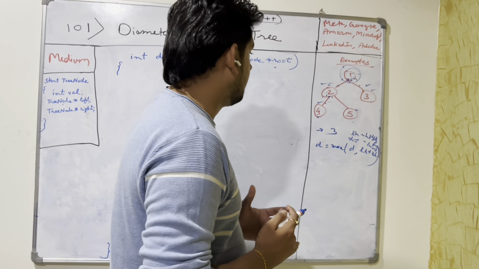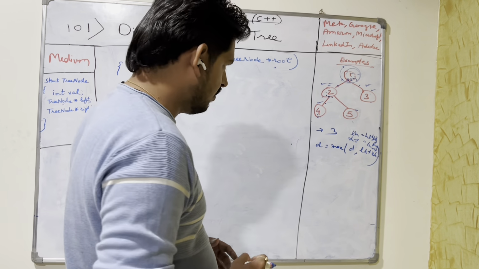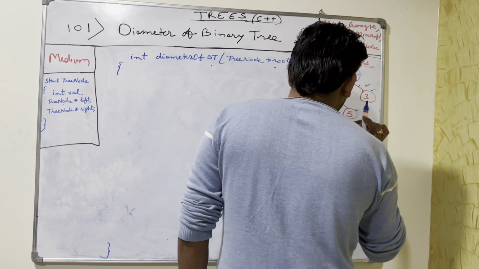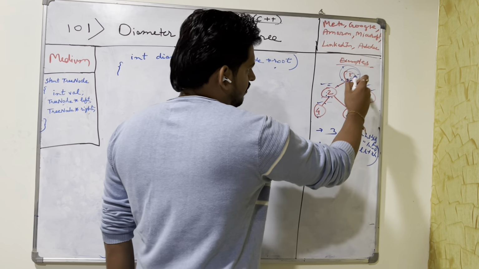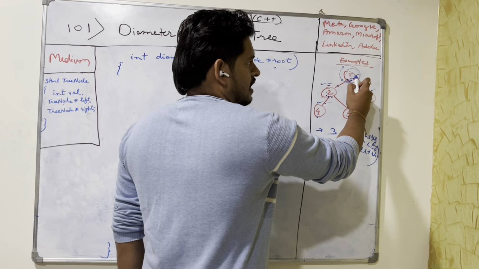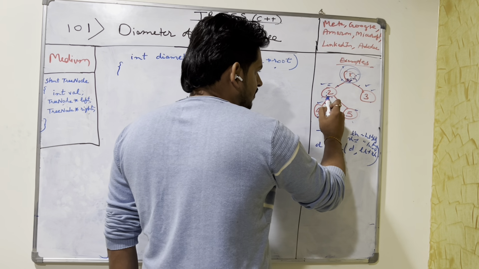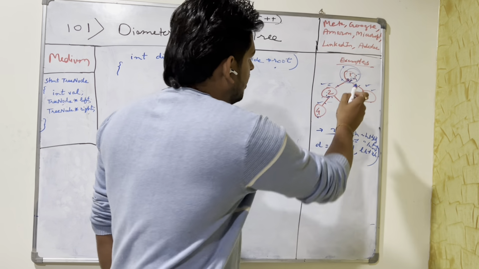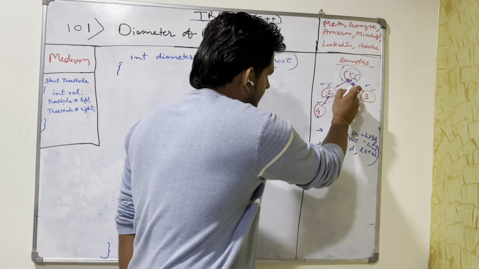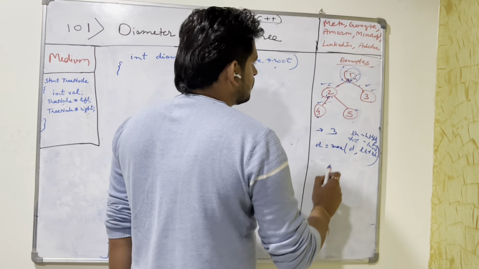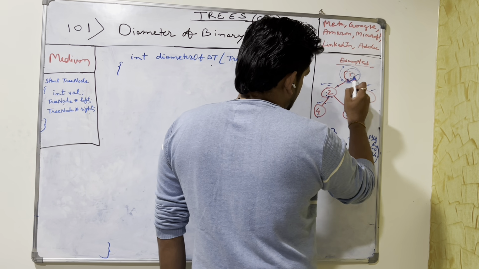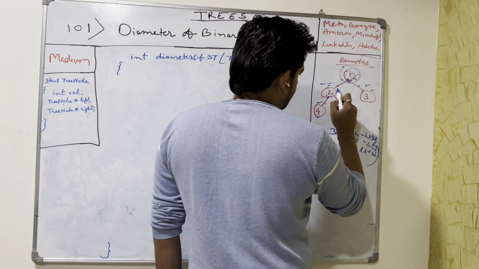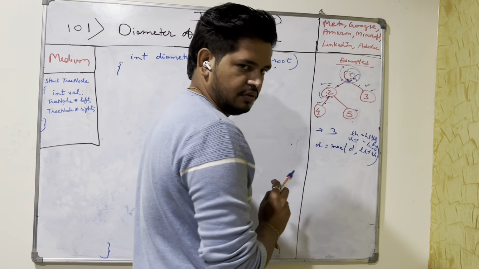How to optimize it to order of n or any lower time complexity? When we are finding the height of the left subtree for this one, I need to find it for this one again, though this already finds the left height for this one, right? Did you get my point? Suppose I am finding the left height for this root node. I am passing this node left, and I am finding this left height.